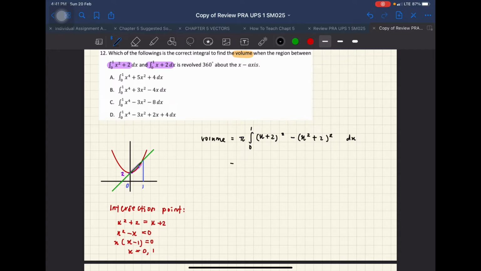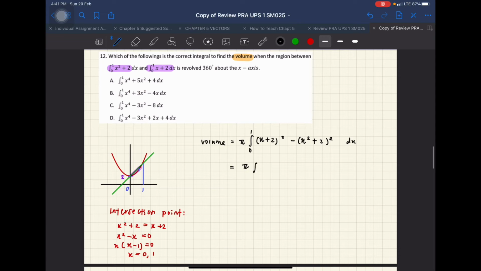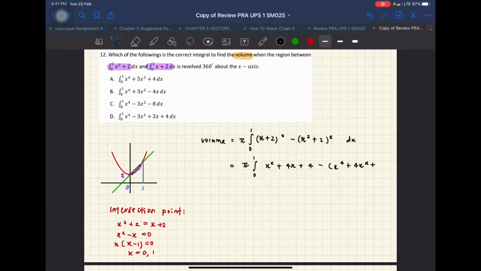Okay, so let's settle this one. We are going to expand our squares. So you have x squared plus 4x plus 4 minus x to the power of 4 plus 4x squared plus 4. Put the x at the end. Okay, so let's simplify this one. You have pi from 0 up until 1.